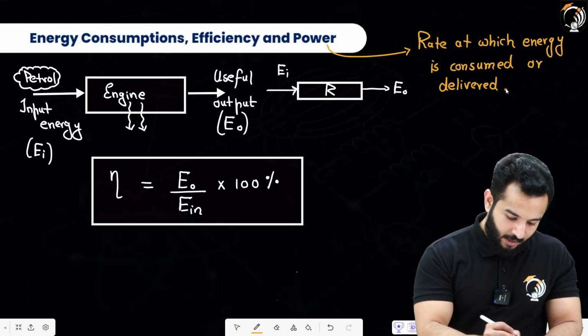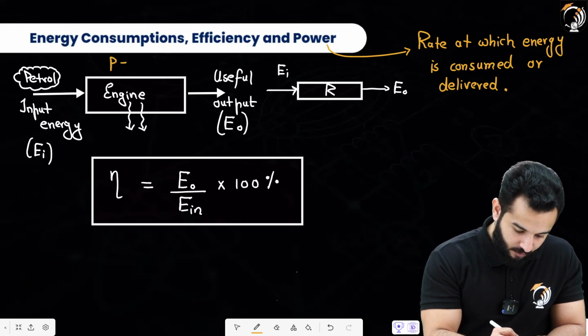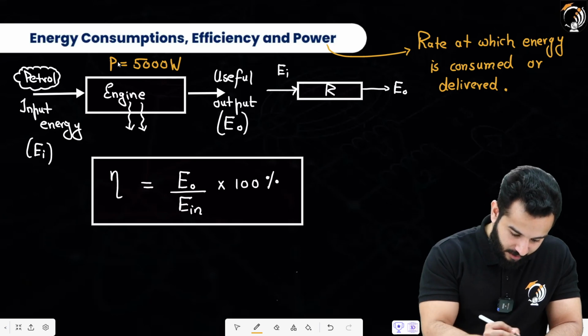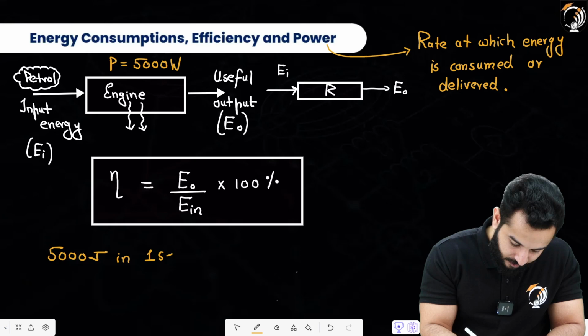Let's suppose this engine has a power of 5000 watt. This means that this engine consumes 5000 joules of energy in 1 second.